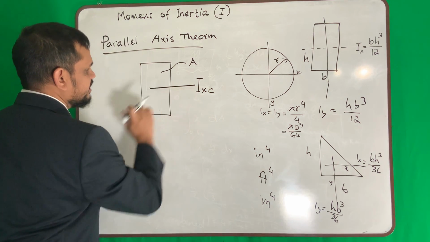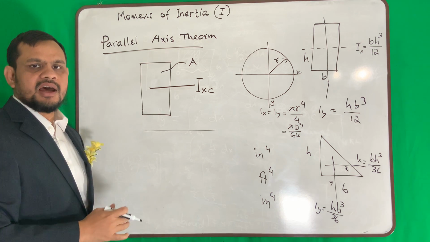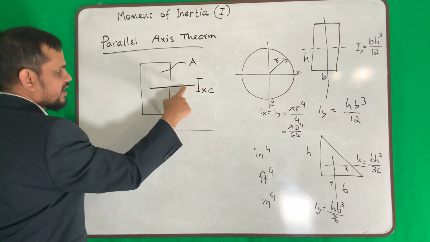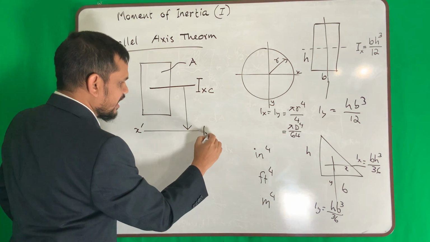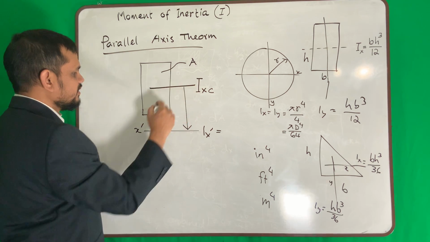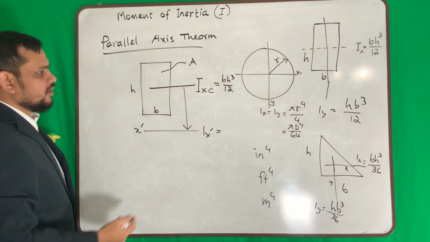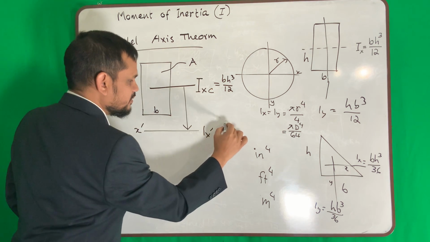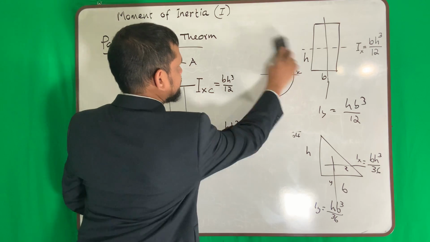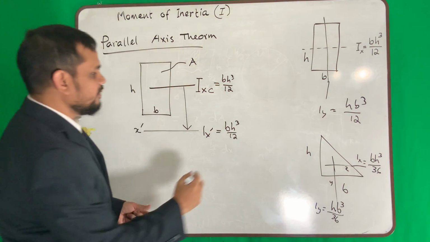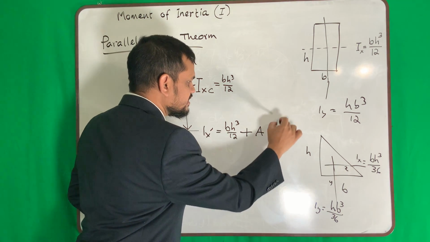If I know my moment of inertia about this axis, and I need the moment of inertia about another axis where the two axes are parallel, say this axis is x bar, then Ix bar will be what I know here, b h cube by 12, plus the total area I am transferring times the distance squared.